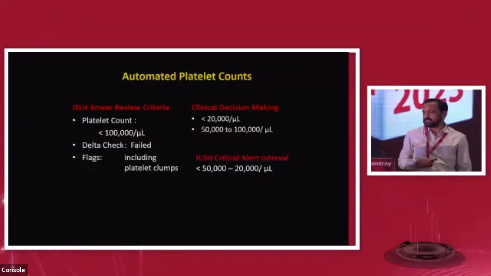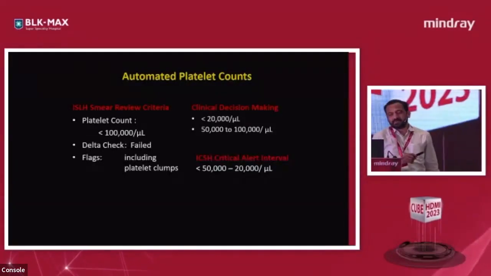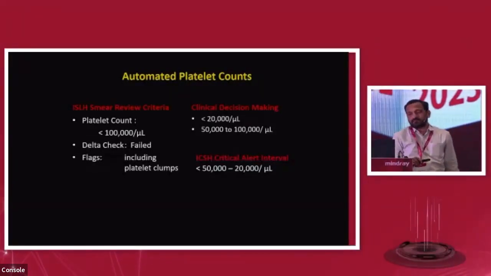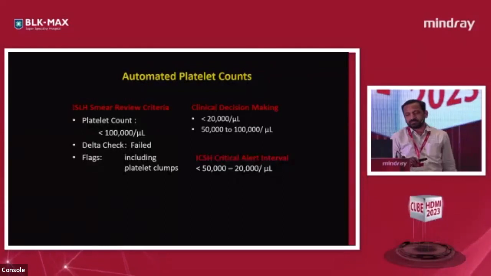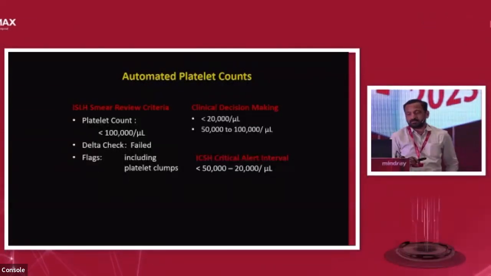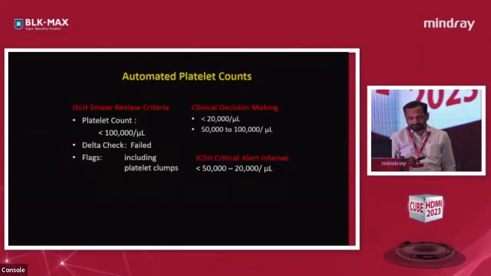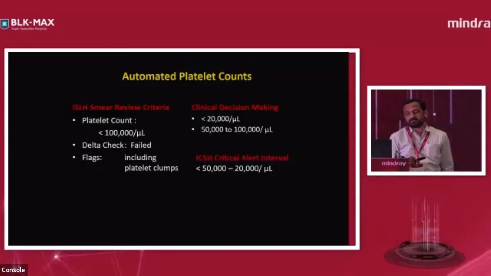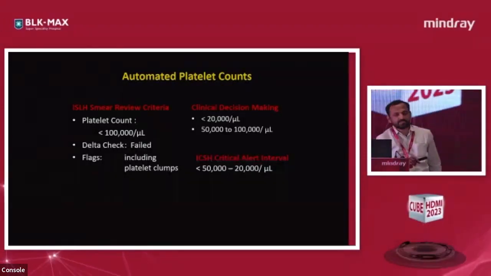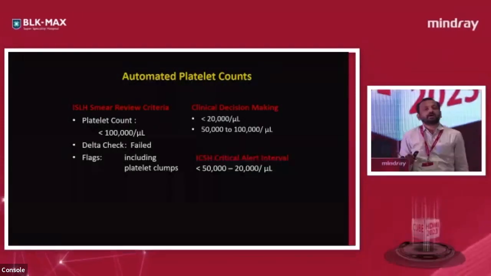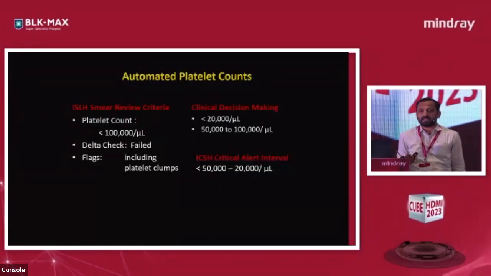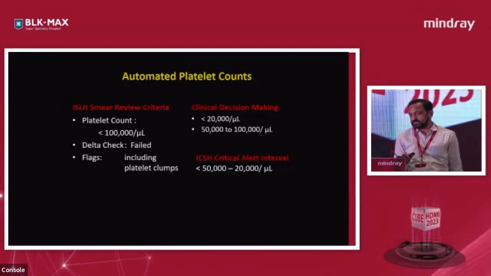So ISLH has given the peripheral smear review criteria for a platelet count below 100,000, and if there is a significant delta check which is failed, and if there are flags which include platelet clumps. These flags are most of the times available even on the 3-part analyzers or 5-part analyzers.